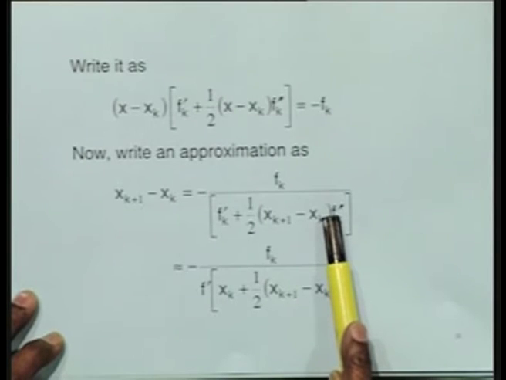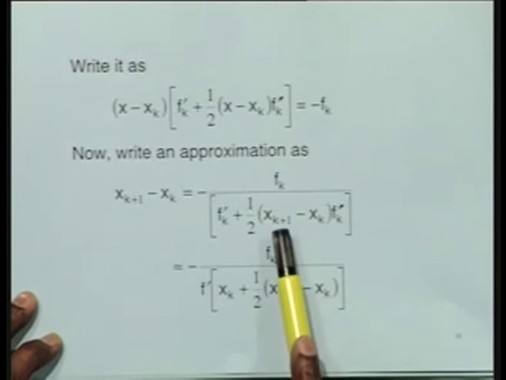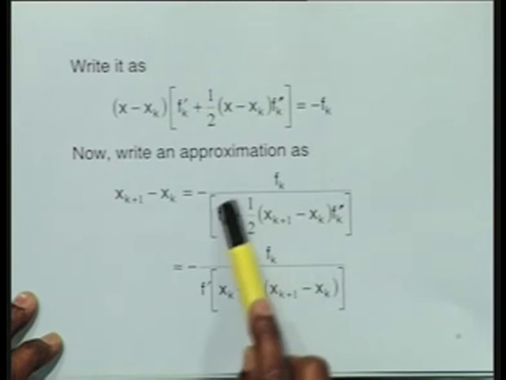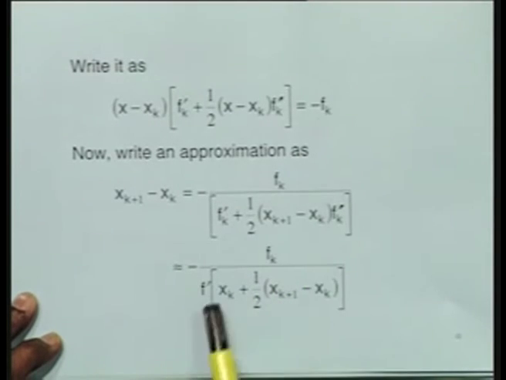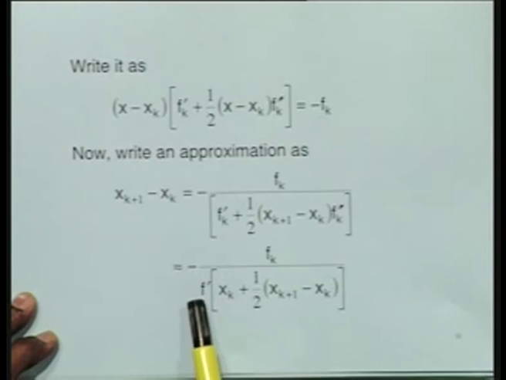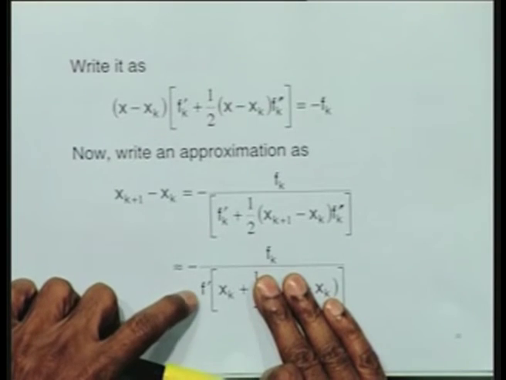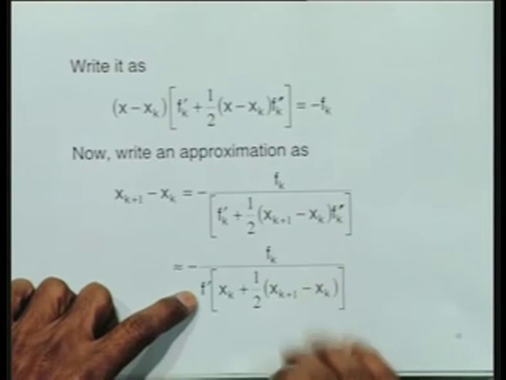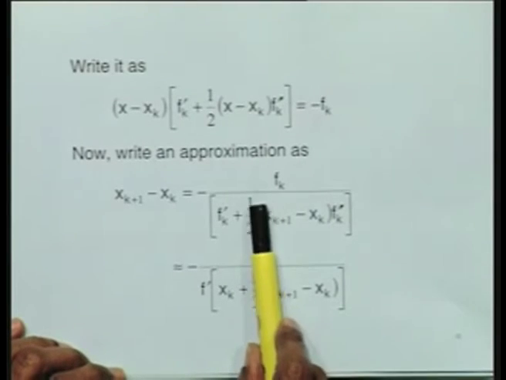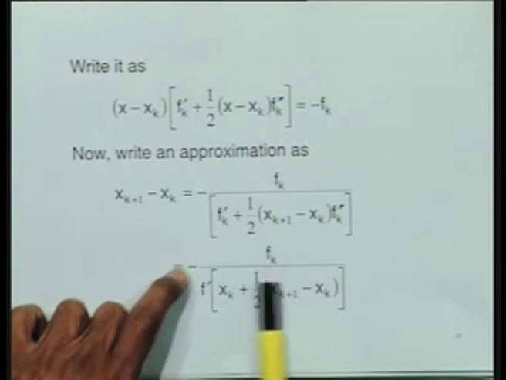Now, the manipulation which we talked of will be done here. I will write this as the first two terms of a Taylor expansion. Let us look at this quantity, f prime of xk plus half (xk plus 1 minus xk). Now, write down the Taylor expansion of this. The Taylor expansion is f prime at xk plus this factor, half (xk plus 1 minus xk), which you can think of as h, into the next derivative, that is the second derivative, so h into f double dash of xk.